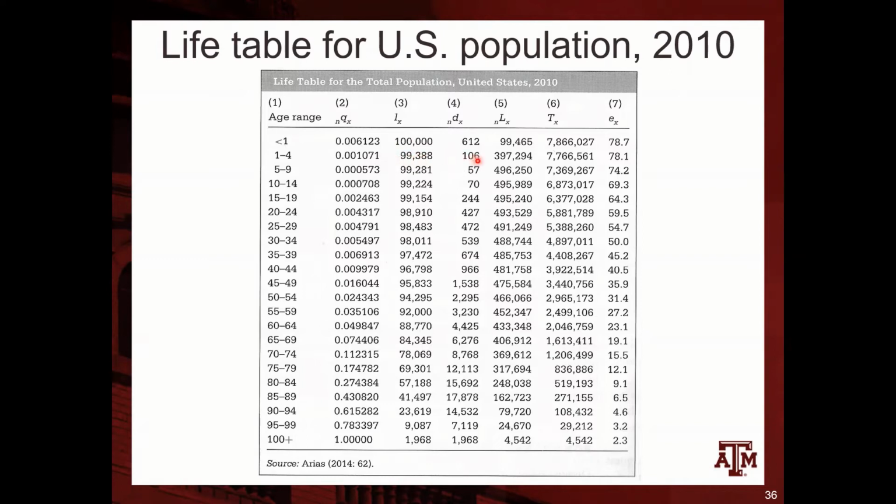How many people survive to the next age group? 99,388 minus 106 equals this, 99,281. Okay? Until the last age group in which I have 1,000 people, 968 reaching age 100, and then everybody dies. I don't know exactly which age, but everybody dies. This number times this is 1,968.